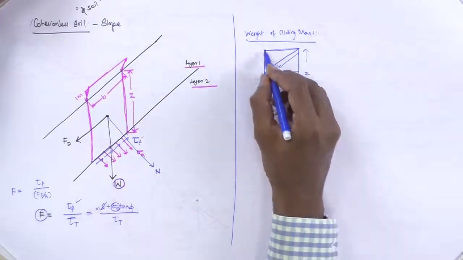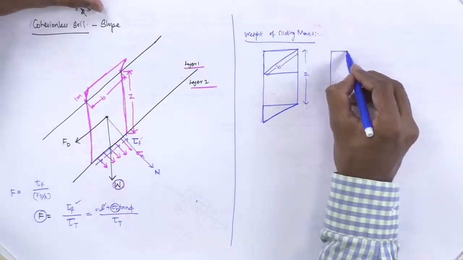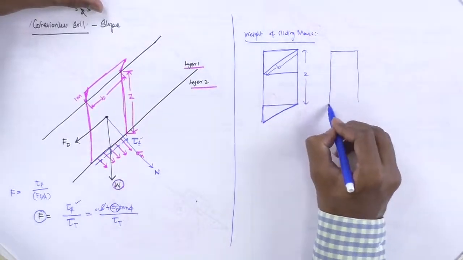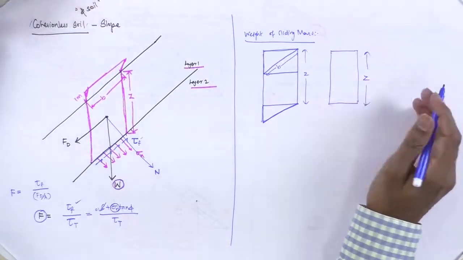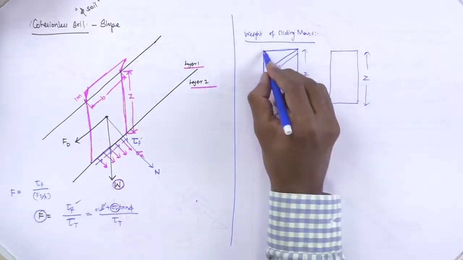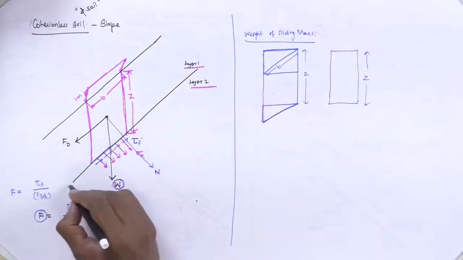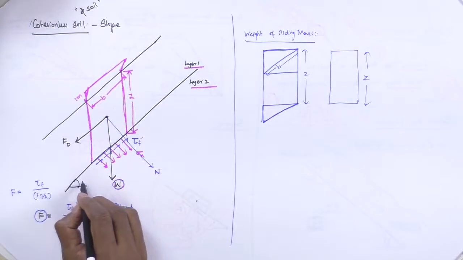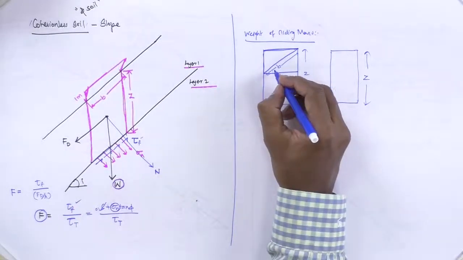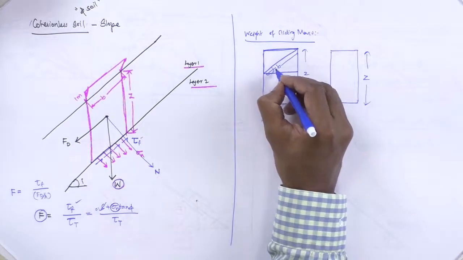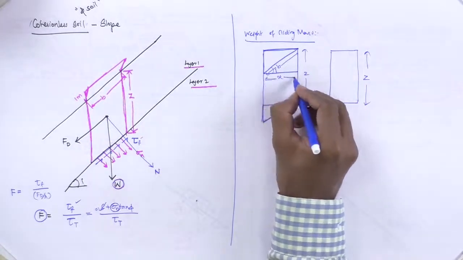So I am cutting this and placing it here, and it becomes the z value, and I don't know this value. Let us take this slope to be inclined at an angle of i. So this is going to be the i value here. We don't know this x.